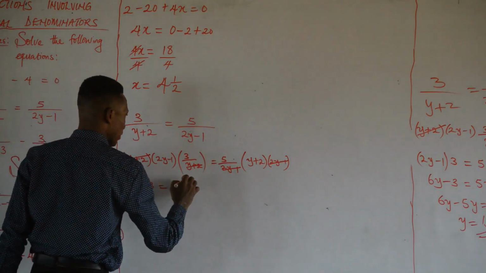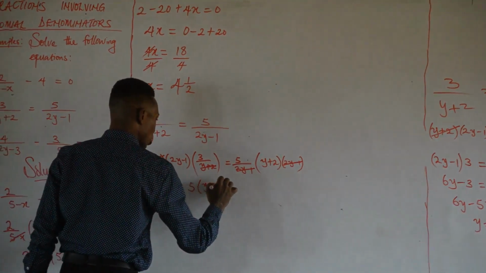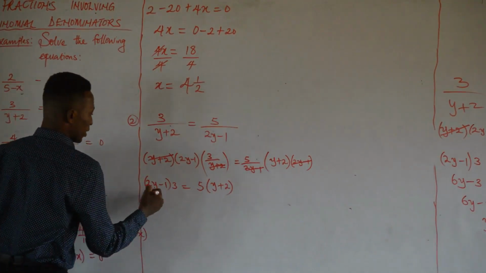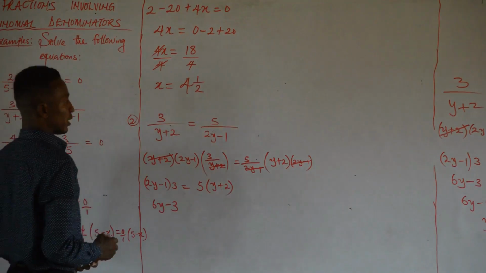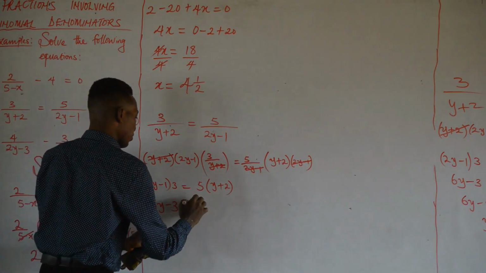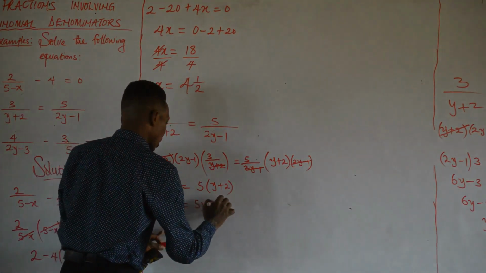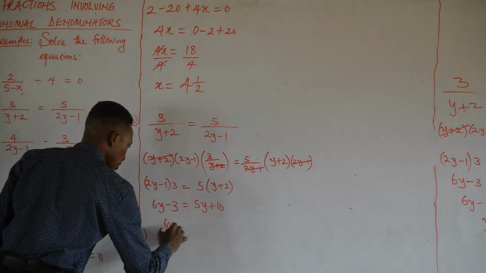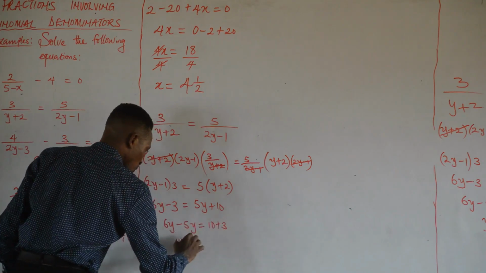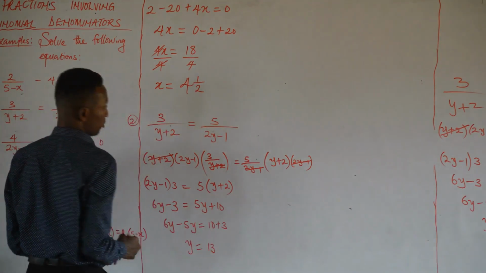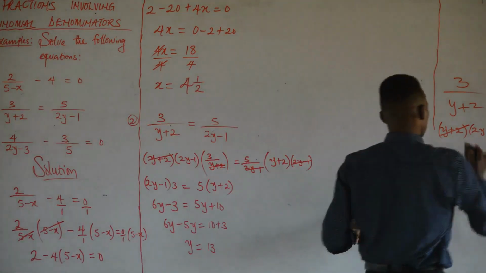You are left with 5 into bracket y plus 2. So when you open the brackets now, we have 6y minus 3 now equals to 5y plus 10. Collecting the like terms, 6y minus 5y equals to 10 plus 3, y equals to 13. So we've gotten the answer correctly.